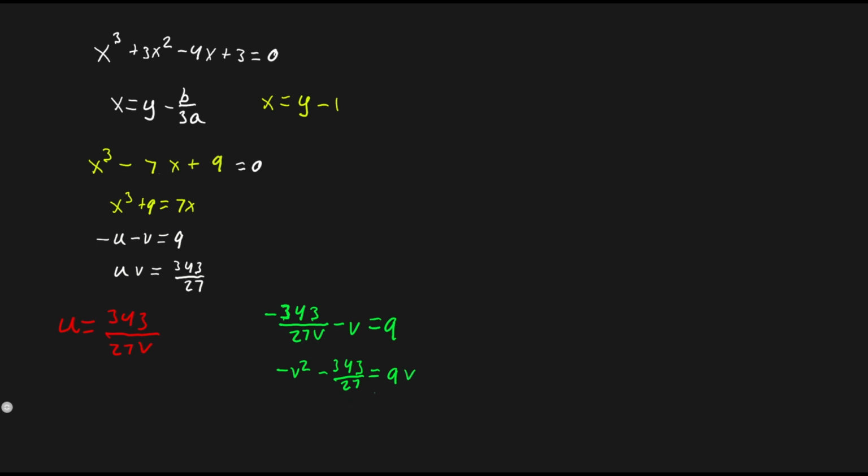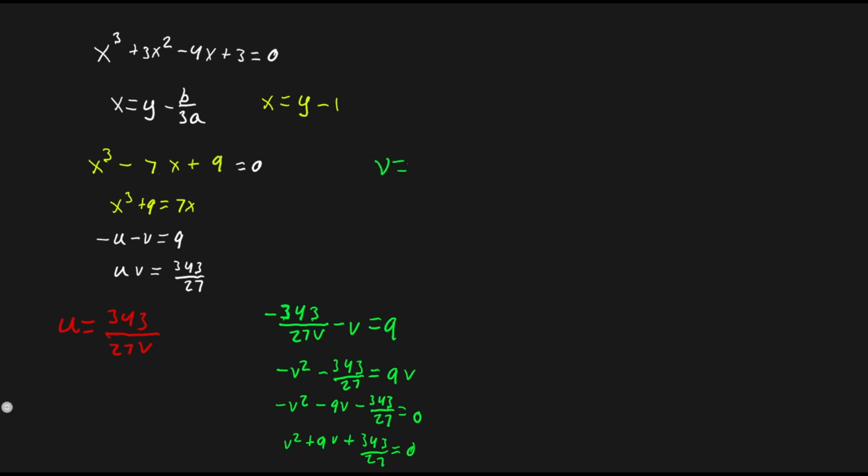So moving 9v to the left-hand side, we get -v squared minus 9v minus 343 divided by 27. Or we could just divide by -1 to get v squared plus 9v plus 343 divided by 27 is equal to 0. And now we can go ahead and solve for v with the quadratic formula or completing the square.